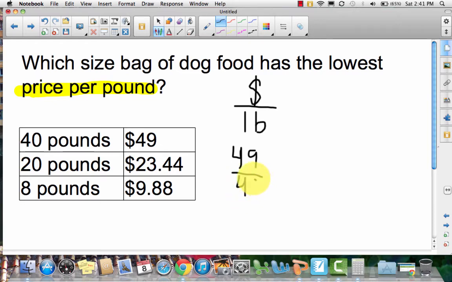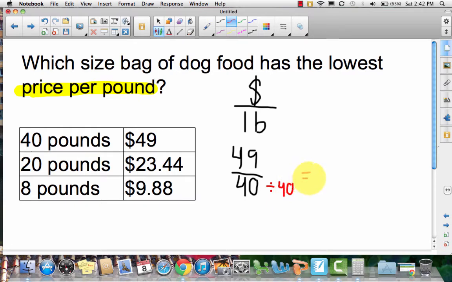And I need to ask myself, if I need to make this a unit rate, which means I need to make the denominator into a 1, what do I have to divide by in order to do that? And in this case, in order to make 40 into 1, I have to divide by 40. 40 divided by 40 gives me that 1 in the denominator.